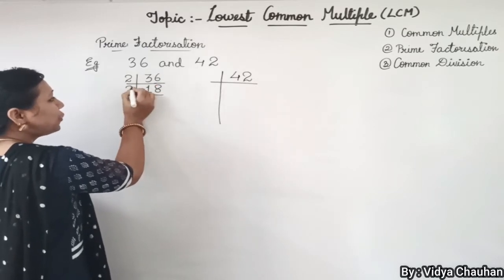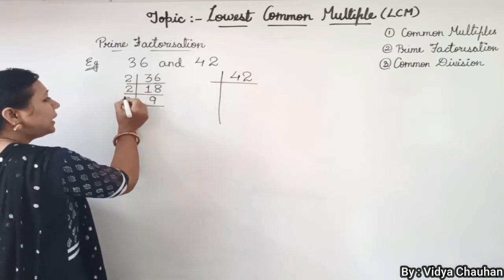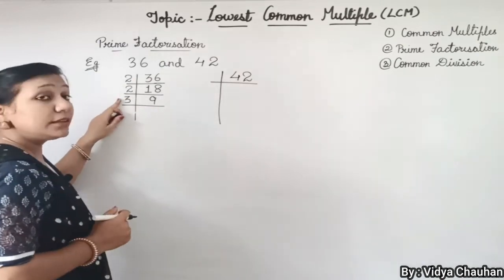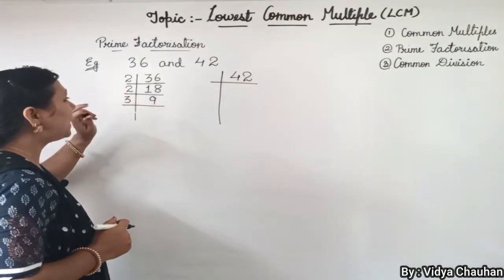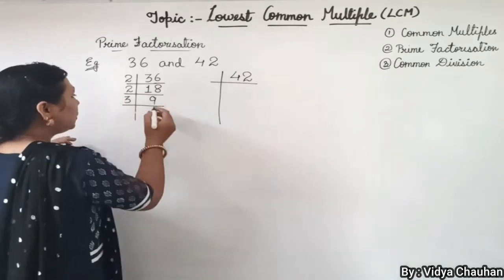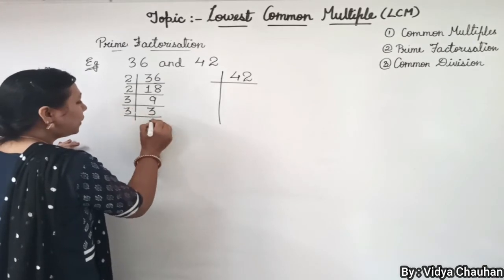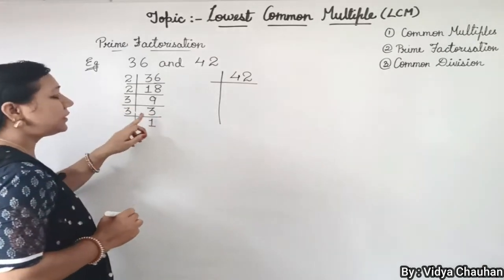Again dividing by 2, 2 9 times gives us 18. Now I'll divide by 3 because 9 is not divisible by 2. So the next prime number is 3. 3 3 times gives us 9, and then 3 1 time gives us 3.